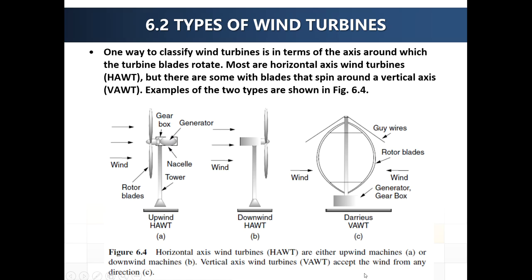A vertical axis wind turbine accepts the wind from any direction. The structure contains the gearbox at the bottom, and these are the rotor blades, and on top is a guy wire, and the wind can blow from any direction.